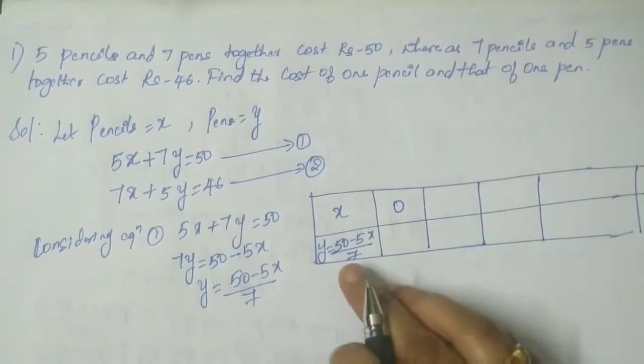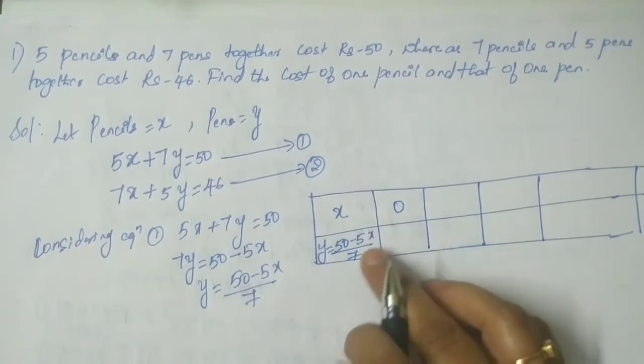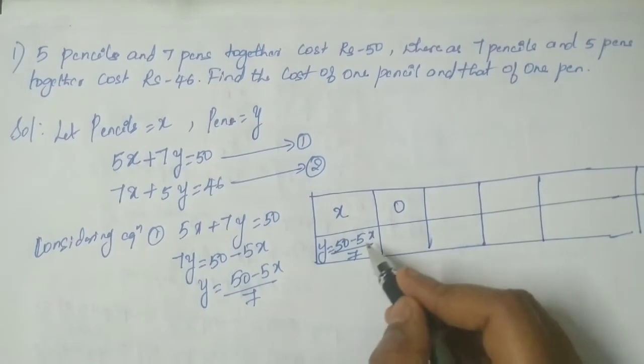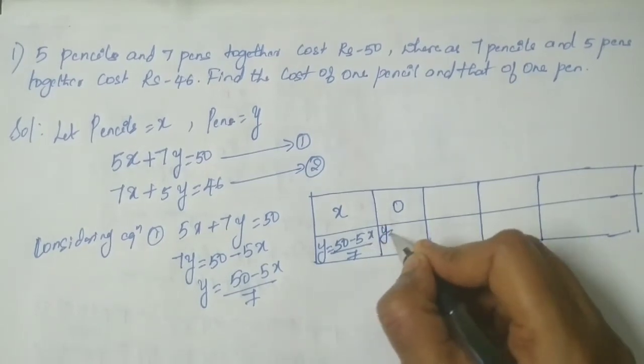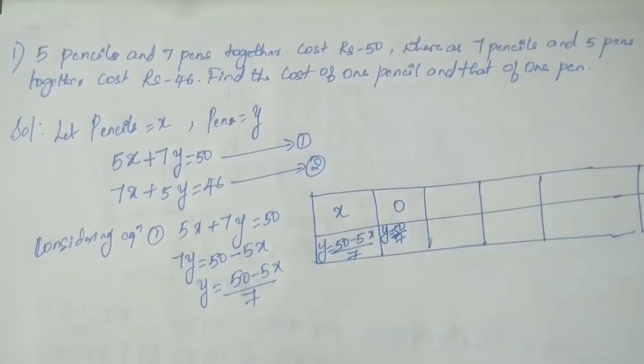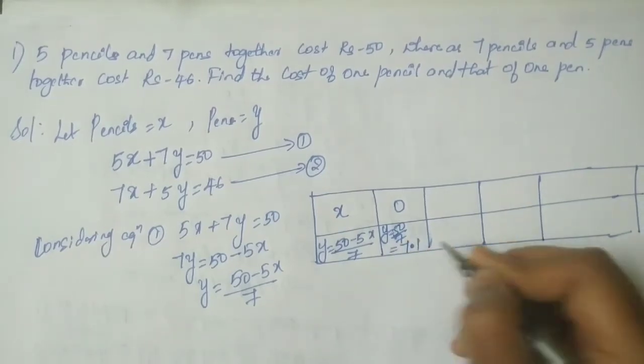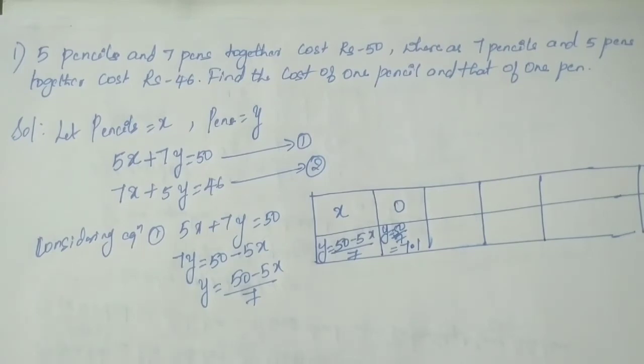So let me start by taking x is equal to 0. Make sure you substitute that value in y, which is 50 minus 5x by 7. In place of x, you replace it by 0. So we get y is equal to 50 by 7, which is around 7.1.